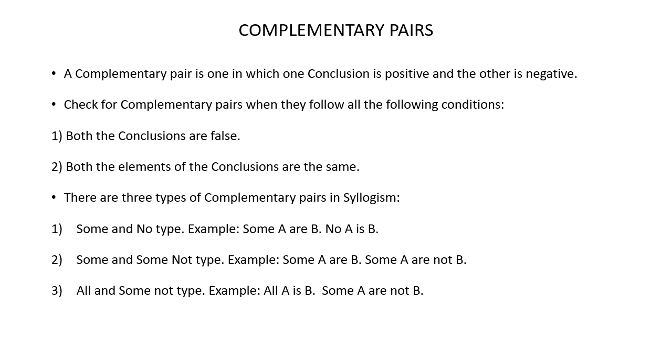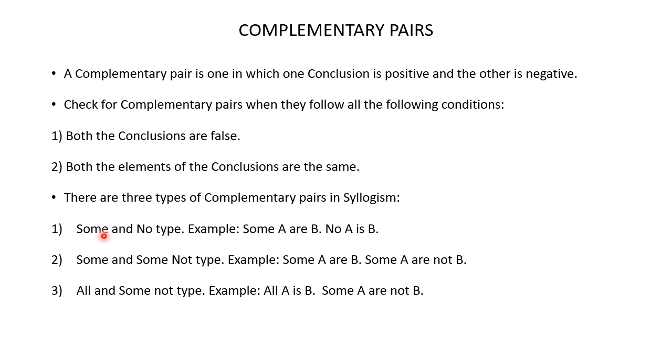Both the elements of the conclusion are the same, that is, the subject and the predicate of the conclusions are the same. Now there are three types of complementary pairs in syllogism: some and no type, some and some not type, and all and some not type.